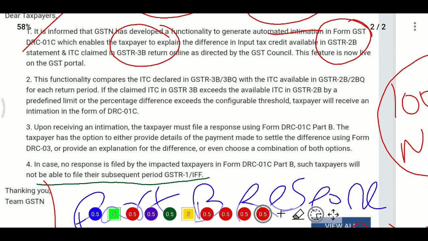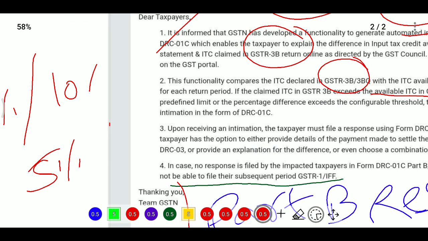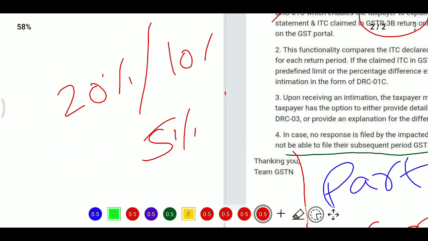It will compare the functionality of GSTR3B and GSTR2B. If GSTR3B ITC exceeds GSTR2B beyond predefined limits or percentage differences. Once upon a time they gave the percentage, like you can claim more than 20% not there in GSTR2B, then 10%, and 5%.